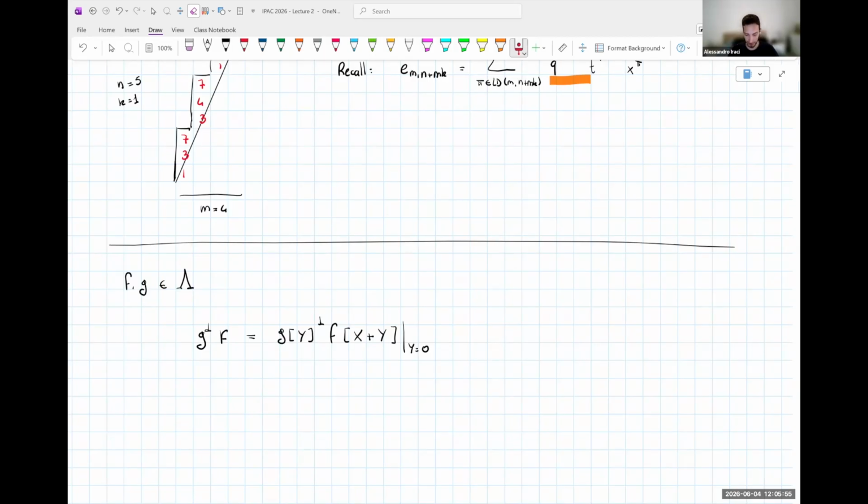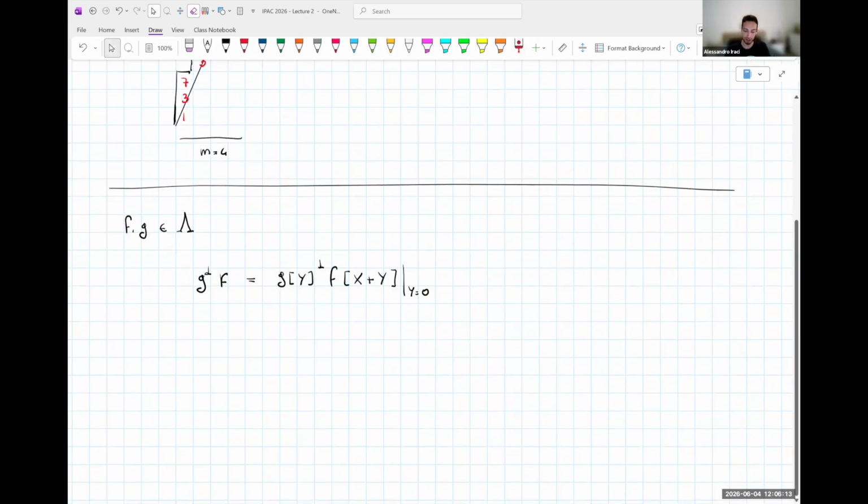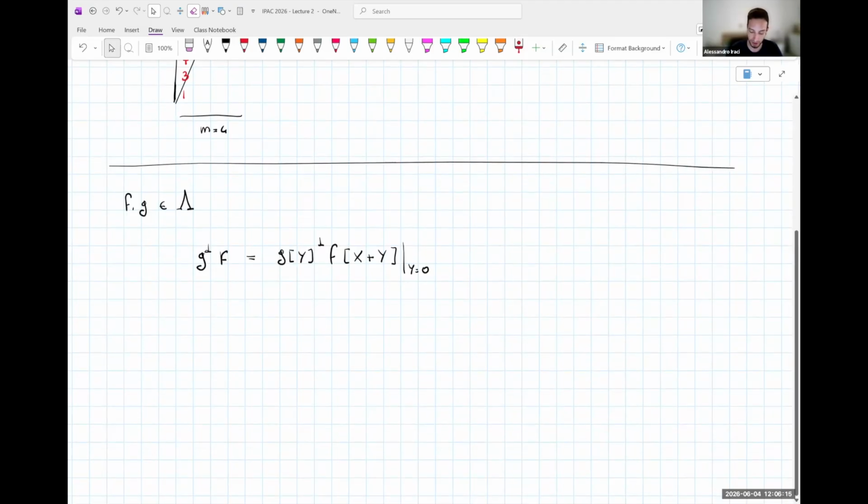Then when we skew by this g in y, we're looking at the coefficients of the expansion in the basis of which g is some element. And when we set y equals 0, we delete the labels that are prescribed by y, and we're left with what we are left.